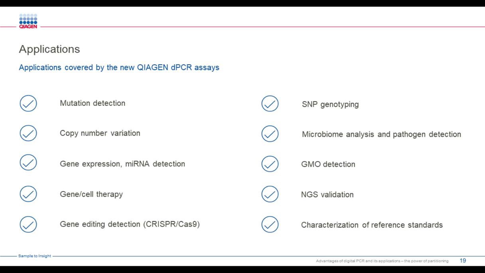And this is because you can see very small differences, you have a precision of plus minus 10%. I will come back to that. But that means you can actually see differences in higher copy number. And this is something you cannot do in a normal qPCR. So what that means is that you can see a difference of copy number of 10 and copy number of 11. And this is something you cannot do with the qPCR.